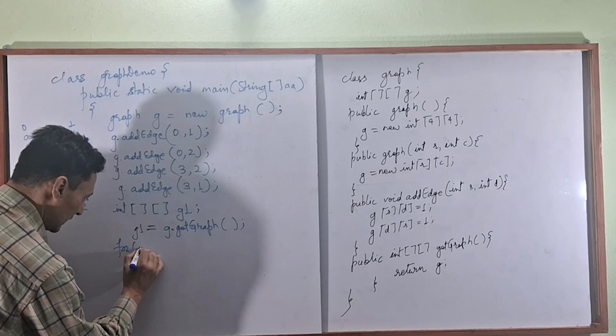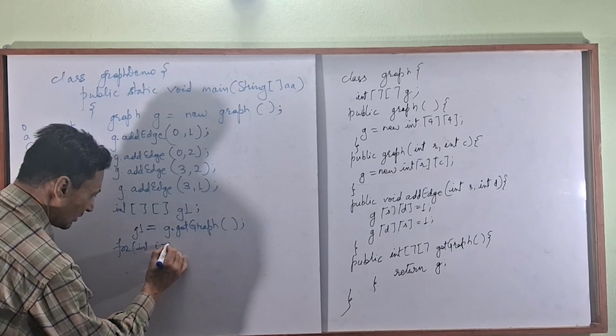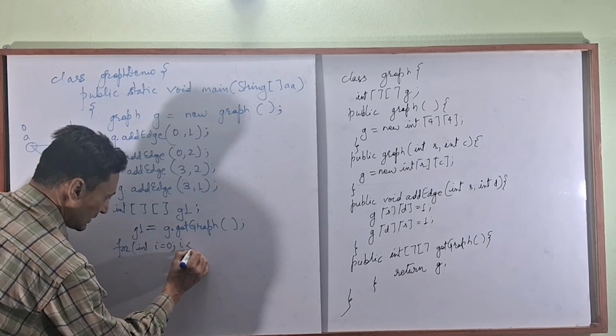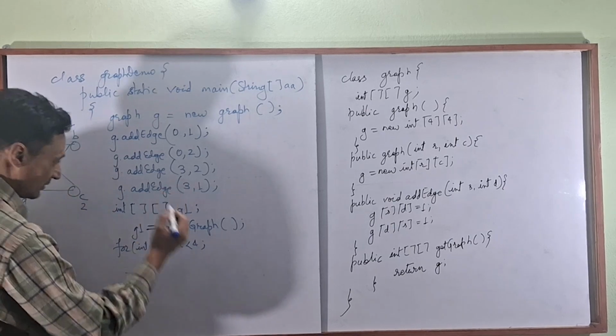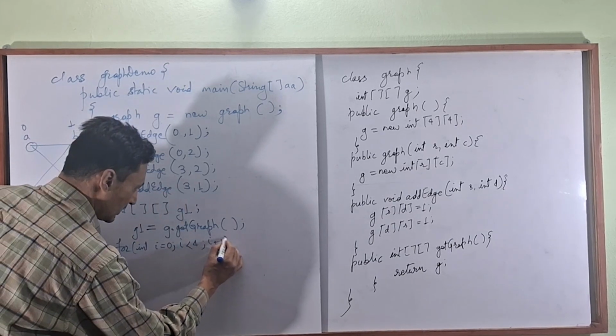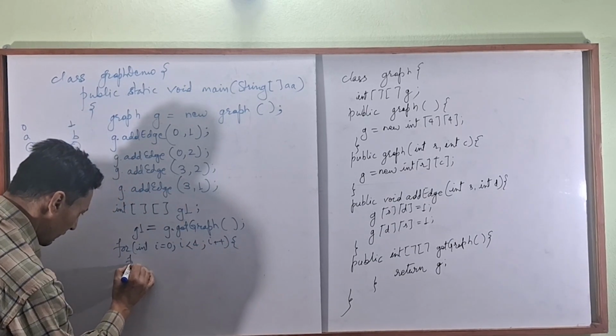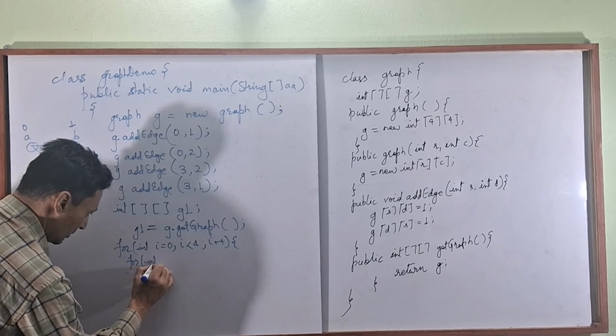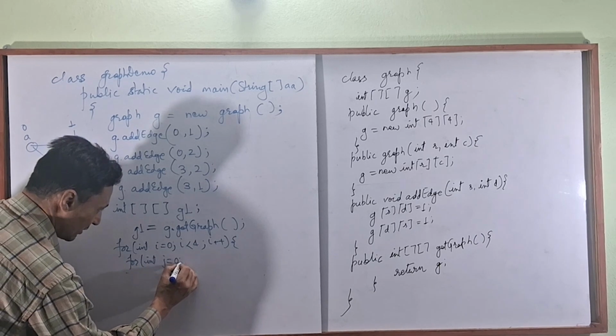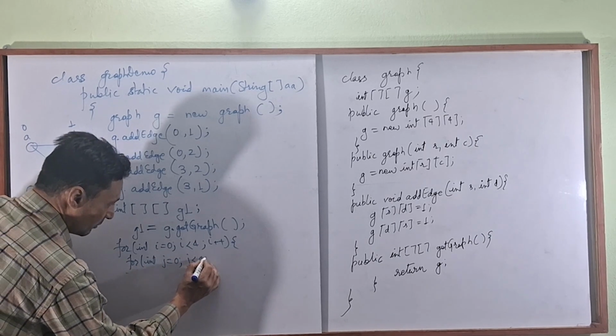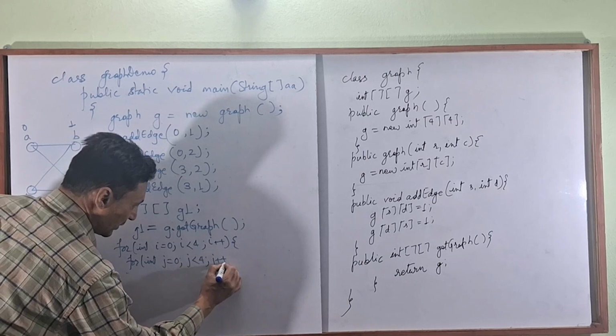For, okay, integer i is equal to 0, i less than 4, we know the syntax already, i plus plus, curly braces, for int j is equal to 0, j less than 4, j plus plus.